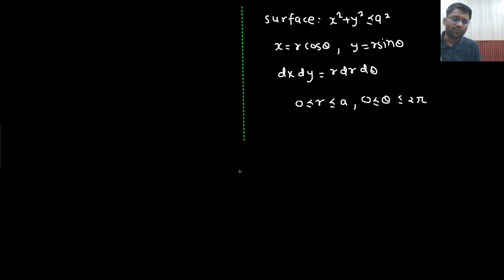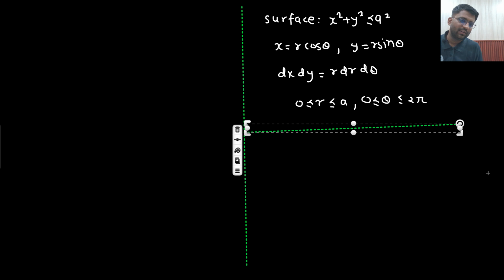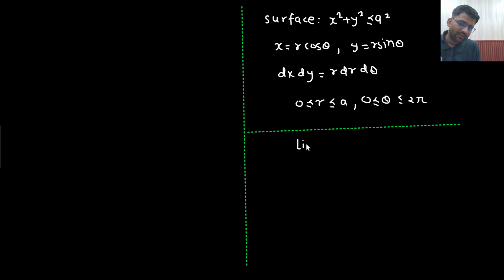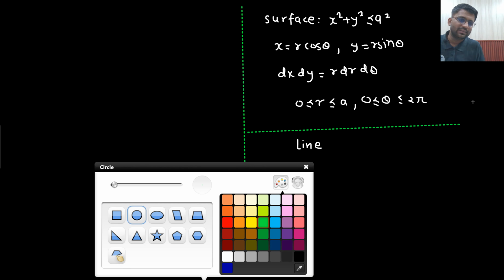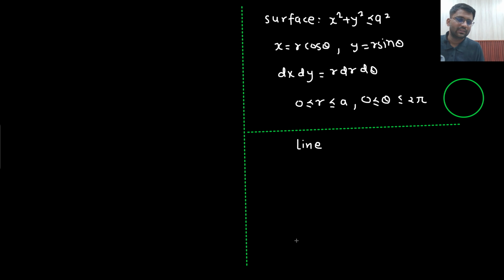Now next, for a line, what do we do? For a line, what is the meaning of surface?